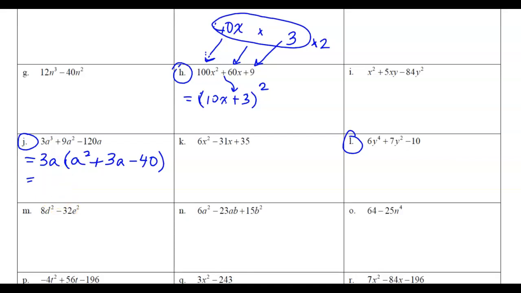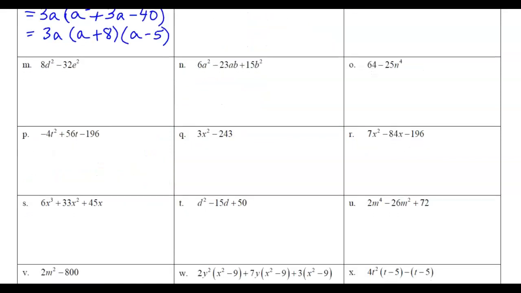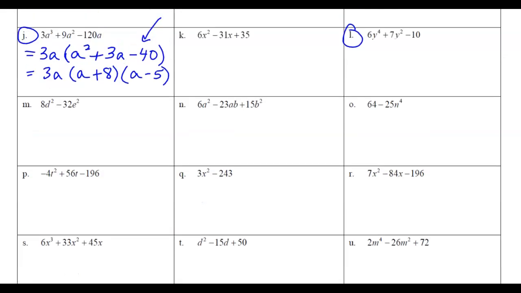Then it's actually a simple trinomial, so it's quite easy to factor this one. A goes at the beginning of each. We need 2 numbers that multiply to -40, add to 3, so that would be 8 and -5. Okay.